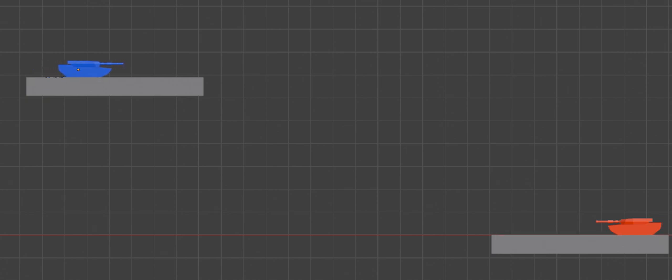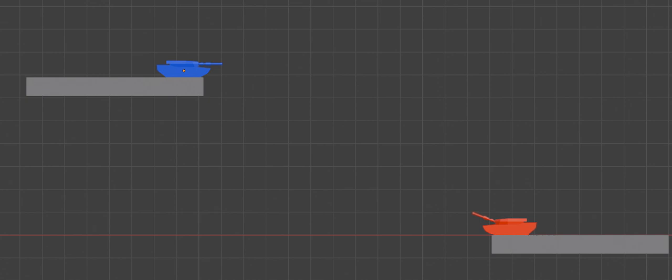Okay, so we see that the blue tank is starting to make its way over to the edge, to give it a better vantage point, a better shot at hitting the red tank. And then once it gets to the edge, the red tank is going to start traveling, and it's going to raise its tank barrel to compensate for the height difference.